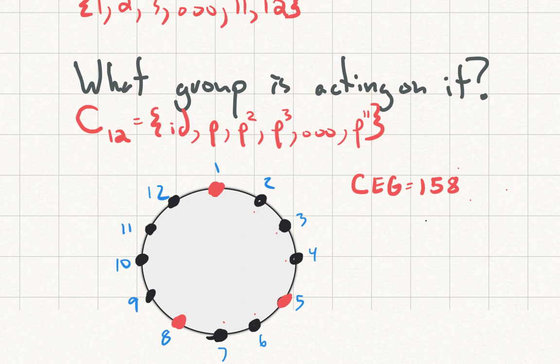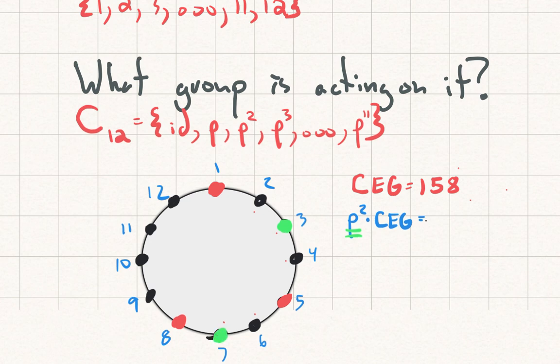And if we acted on this by, let's say, rho squared, so that's a rotation of 2 places, 1 would go to 3, 5 would go to 7, 8 would go to 10. Maybe I'll do this in green. So there's rho squared acting on it, rotating twice.